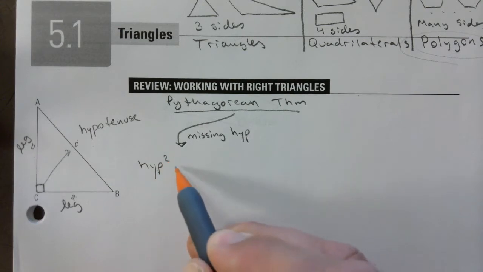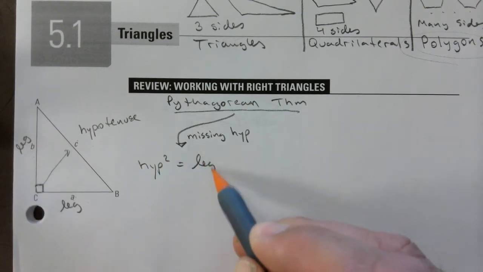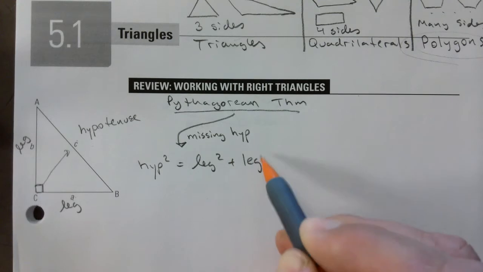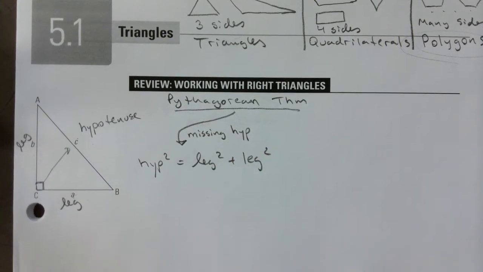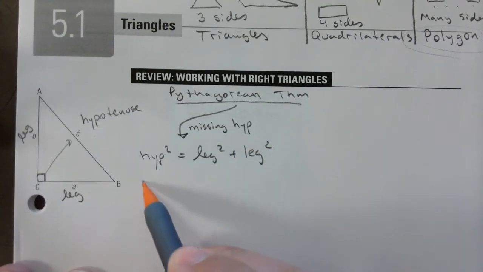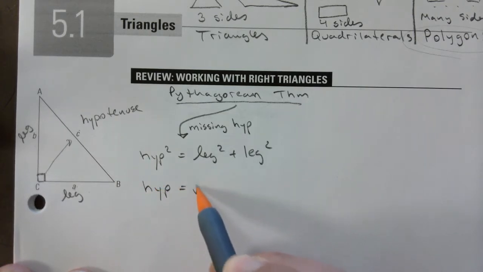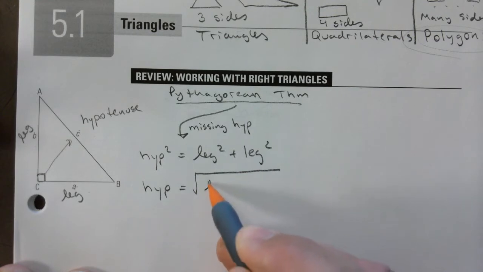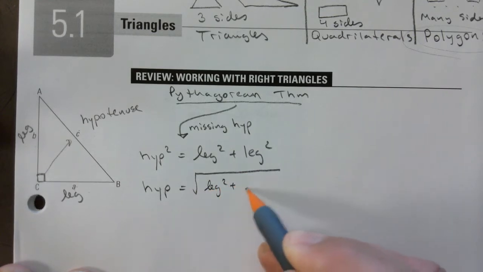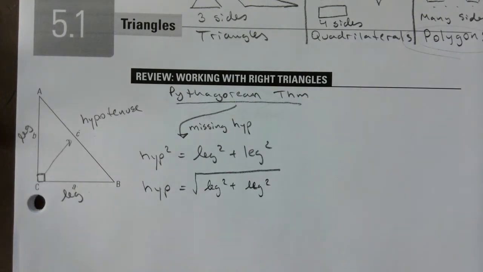Hypotenuse squared is equal to leg squared plus leg squared. And so it follows that to get the hypotenuse, you would have to take the square root of the sum of the squares, basically. So that is very important, I'm always going to jump straight to this. This is going to be the one I will jump to if I want to find the hypotenuse.